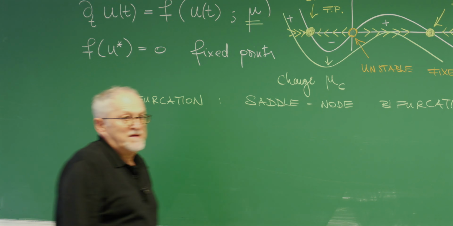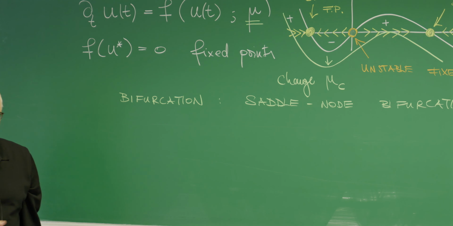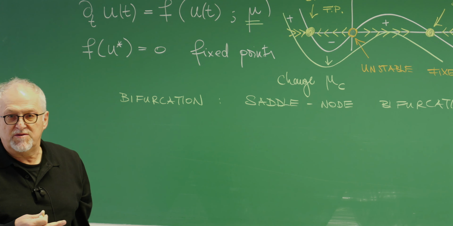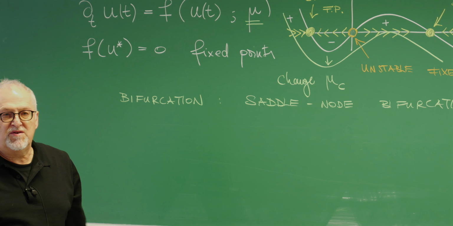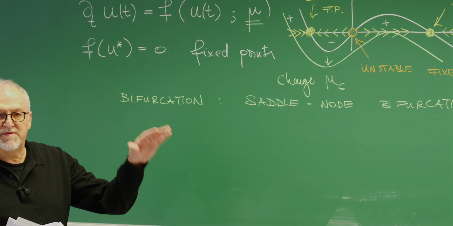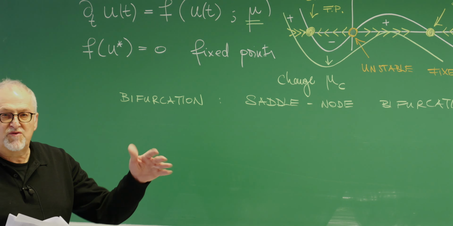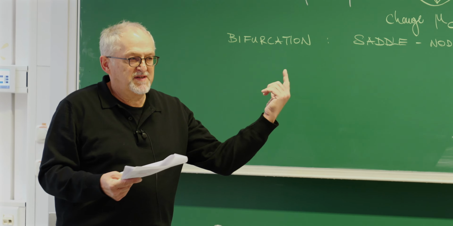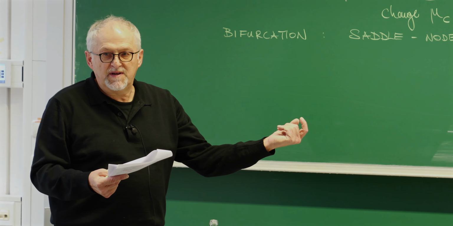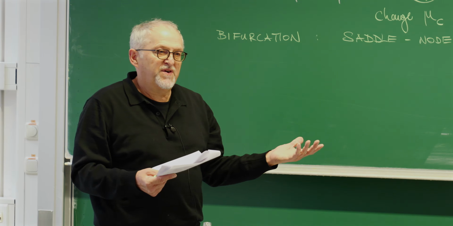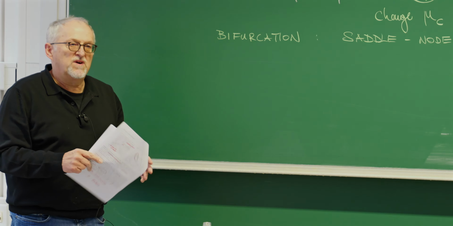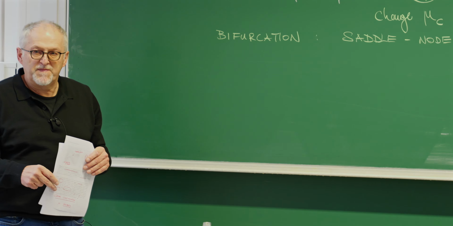Okay. Now when you think about curves for a one-component system, just imagine drawing any kind of curve. As you change parameters, the typical thing that's going to happen is collision of these kind of fixed points. Right? So these saddle node bifurcations are general, they are generic, one says, for these kind of systems.